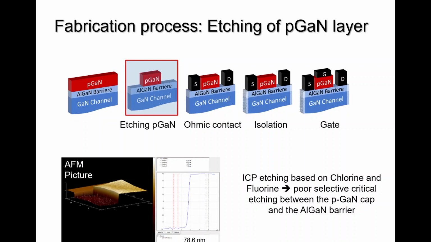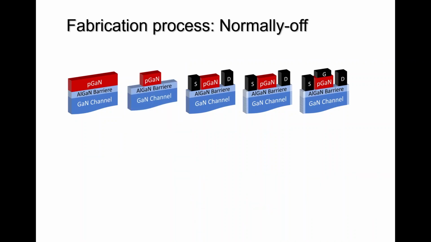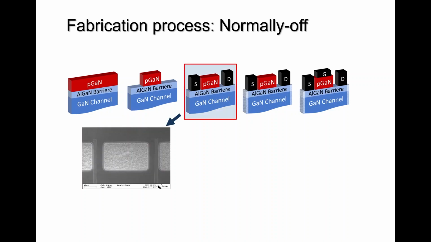So you have to be very accurate, at the nanometer scale, knowing that this is quite thick, between 50 and 100 nanometer, and you have to end up at a couple of nanometer accuracy with poor selectivity. So that's a tricky process, but people manage to do that even at the foundry level.